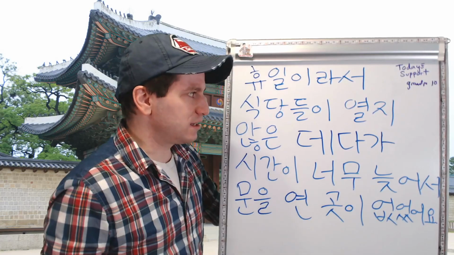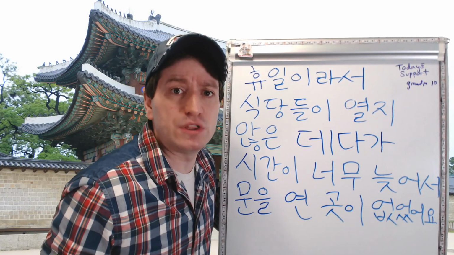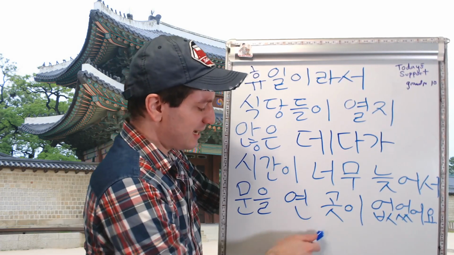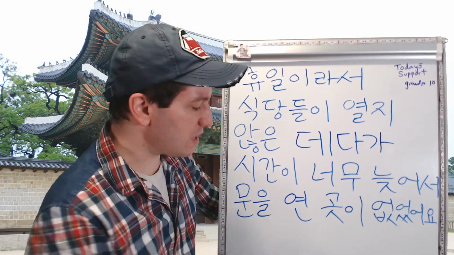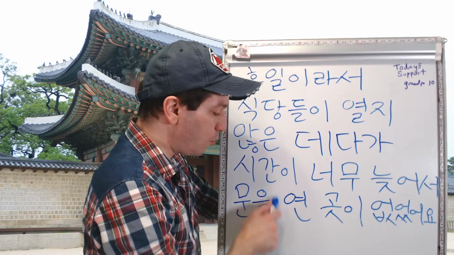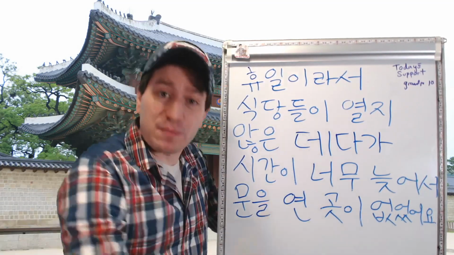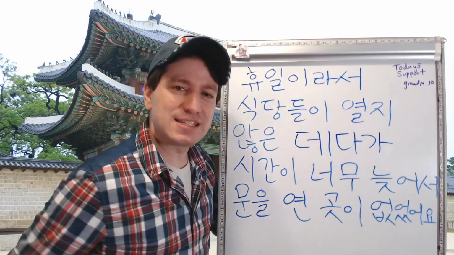So it's too late. Now, on top of the fact that because it's a holiday, the restaurants didn't open their doors, 문을 연 곳이, literally a place that opened, 열다, past tense, 연, 없었어요. There wasn't any 곳, any place that opened their doors because it's late. On top of the fact that the restaurants didn't open their doors because it's a holiday.